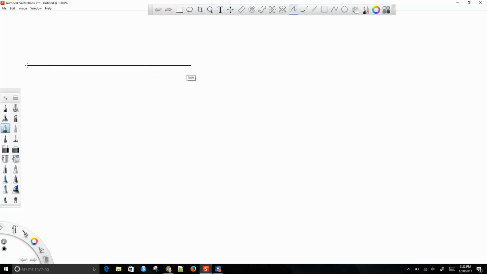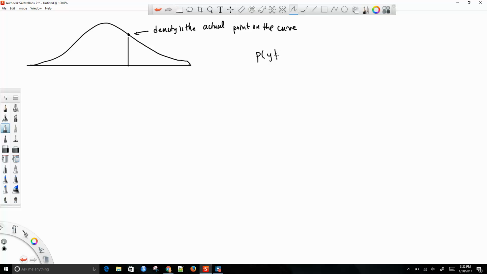They always teach you the area to the left for some particular value, but the density is the actual height of the value right there, the actual point on the curve, which we've established to be the probability of y given mu and sigma squared: 1 over sigma root 2 pi, e to the negative 1 over 2 sigma squared, times (y minus mu) squared.